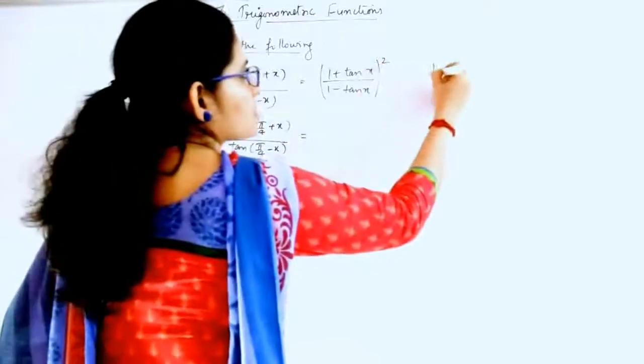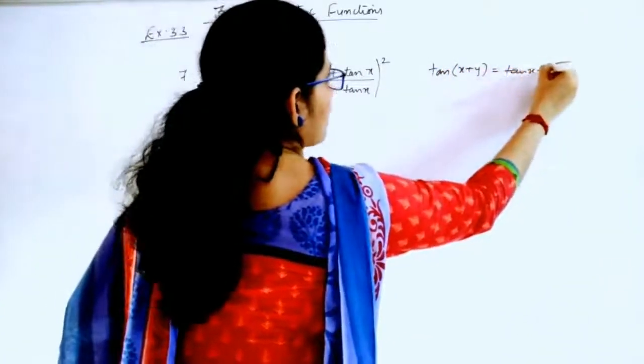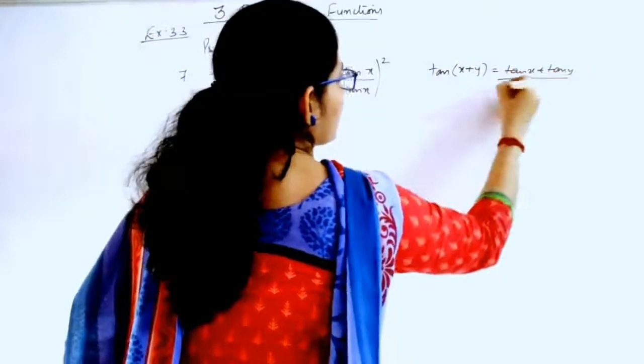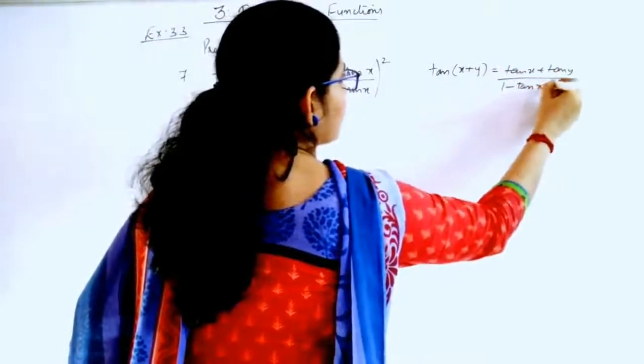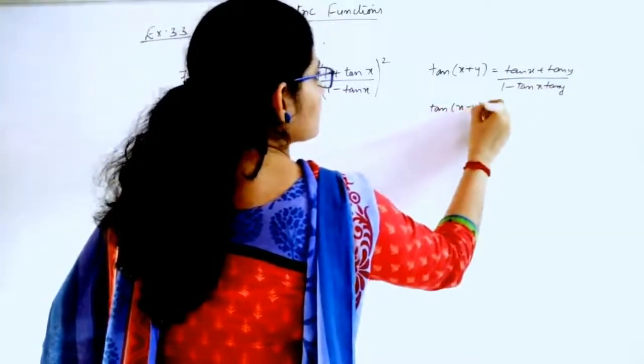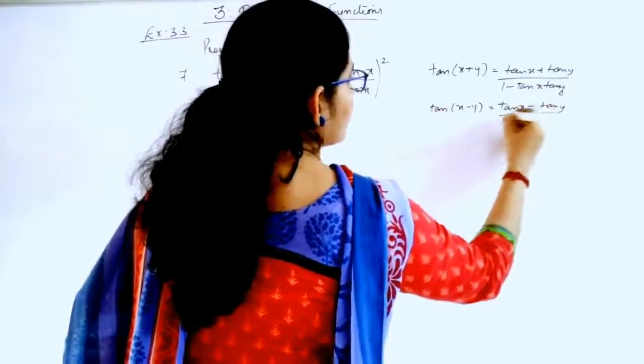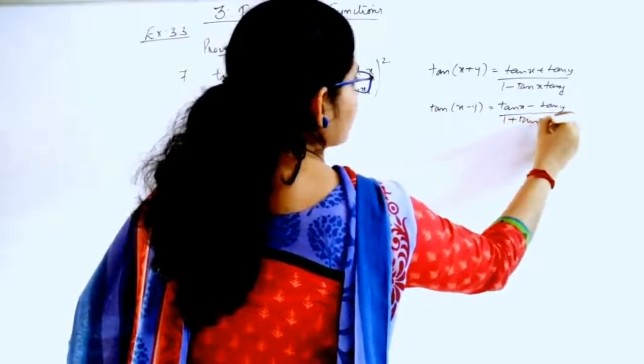That means tan of (x plus y) is (tan x plus tan y) divided by (1 minus tan x tan y). And tan of (x minus y) is (tan x minus tan y) divided by (1 plus tan x tan y).